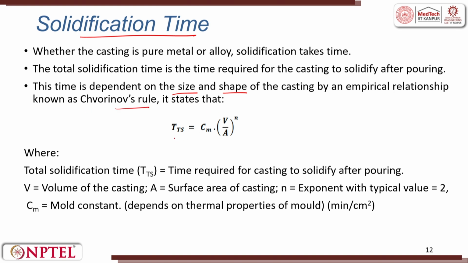It states that the solidification time, that is TTS, the time required for casting to solidify after pouring, is equal to Cm, a constant, into the ratio of V by A, where V is volume of casting and A is surface area, to the power n, where n is an exponent with typical value 2. It is proportional to the volume and inversely proportional to the area of the casting.